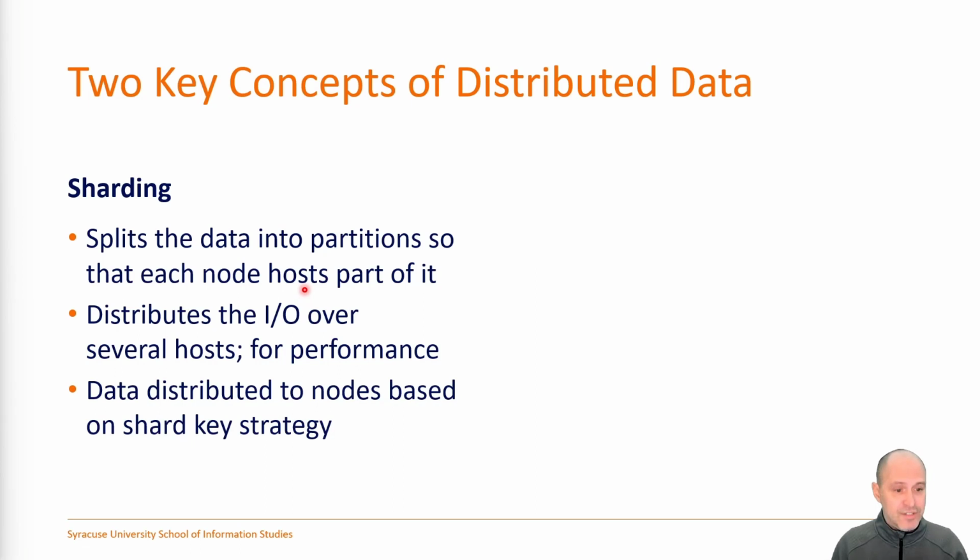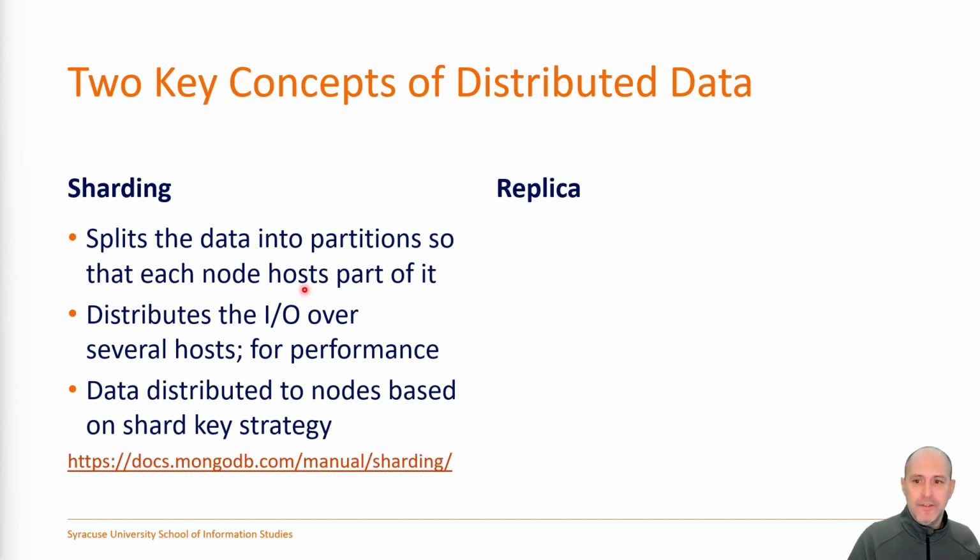So the data, again, is distributed to nodes based on the shard key strategy. Does it make sense to have all of your accounting students on one node? Well, yes, because now you're going to be able to read them without involving too many other nodes in the cluster. This is an important facet of doing distributed data: we want to avoid asking too many nodes to participate in the read or write process.